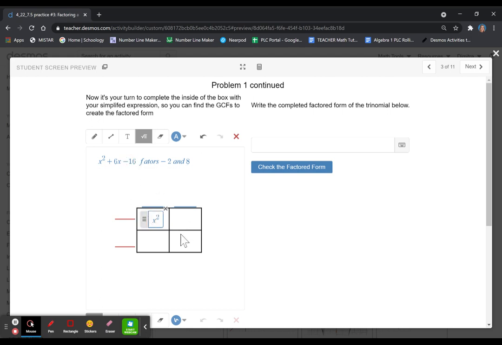And our last term is negative 16. Then our two factors go in these two missing boxes. It does not matter which order you put it in. So negative 2x will go there, and 8x will go there.